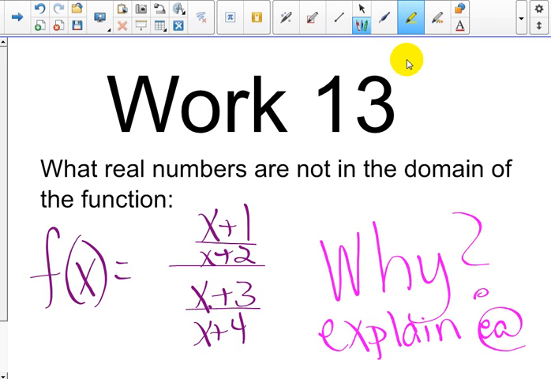Okay, so we're back, and I asked everyone to work 11 and 12 and talk about 13, what real numbers are not in the domain of the function. So if you would turn to your IO buddies and discuss, I can give you the hint that it's 3 numbers. Oh, I locked it, sorry. But it's those 3 numbers right there. This isn't going to change. So let me unfreeze it.